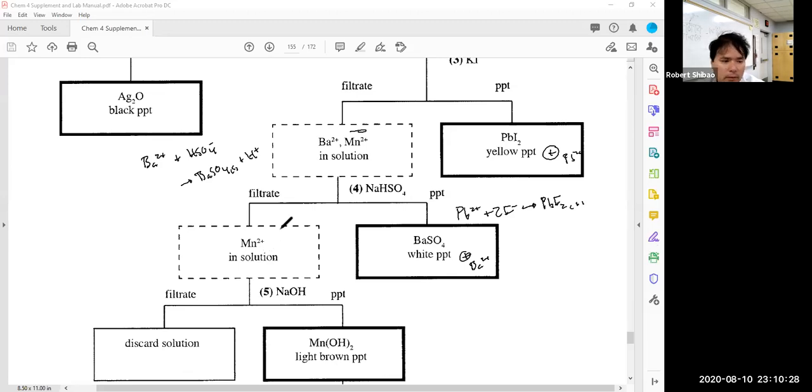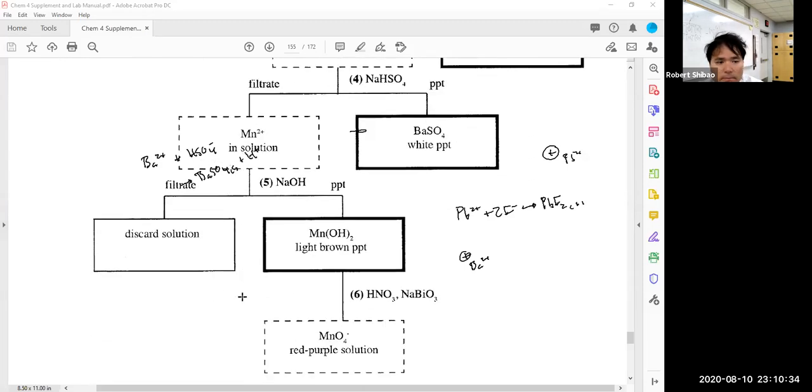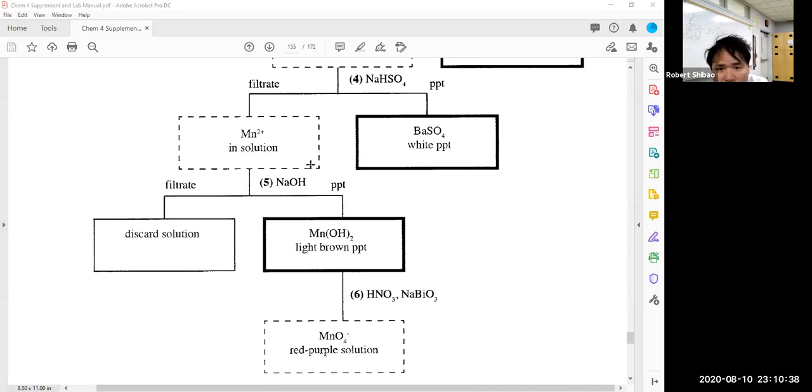In this case, what we're going to do with the manganese here is precipitate it out with hydroxide. Manganese and hydroxide like each other here. So let's do that.